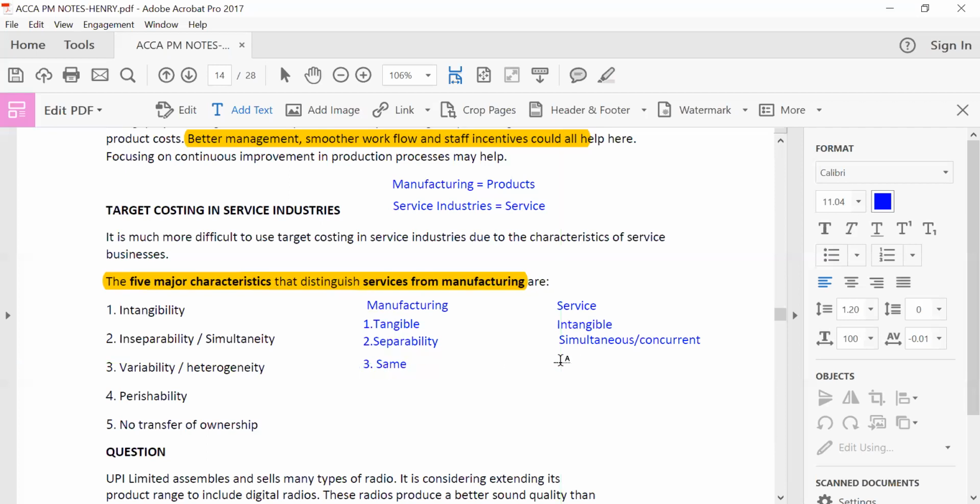Then in the case of services, we say it is heterogeneous. So over here, we say it is homogeneous. Here we use the terminology homogeneous, so we have homogeneous products. Then over here, we have heterogeneous. The word hetero means different.